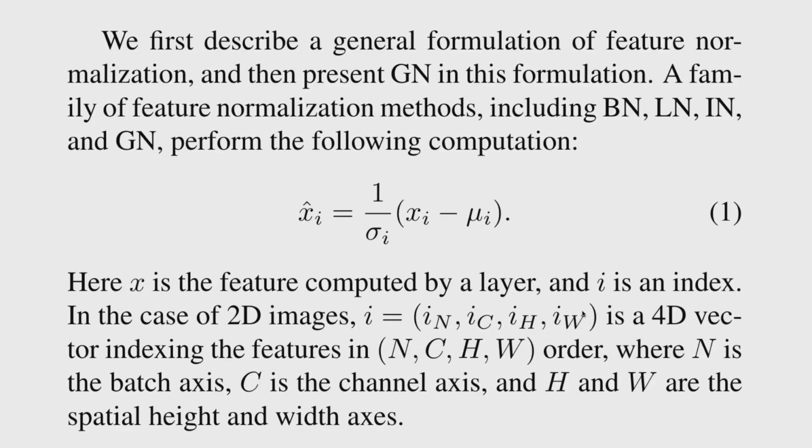So think of it as 1 pixel, and that's x_i, and this index is a 4D vector. And so we're subtracting from that the average pixel, and then we're dividing by the standard deviation. And that gives us our normalized pixel. Again, x is the feature computed by a layer, and i is the index.